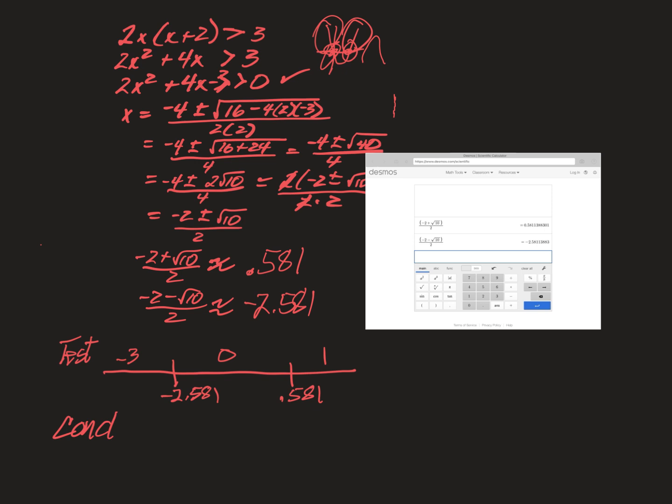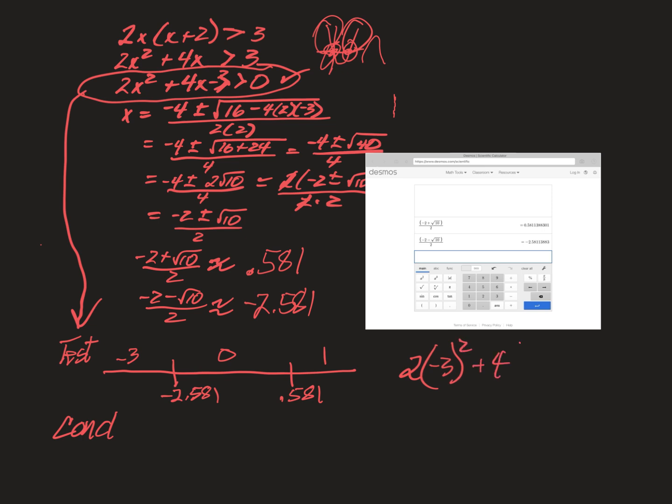So I take the -3 and I now need to plug it in to this form of the equation to see. So I'm going to take 2. Now if it's factored, I usually like to do that. It's often easier, but I can do it even when it doesn't factor. And we're trying to see if this is bigger than 0.